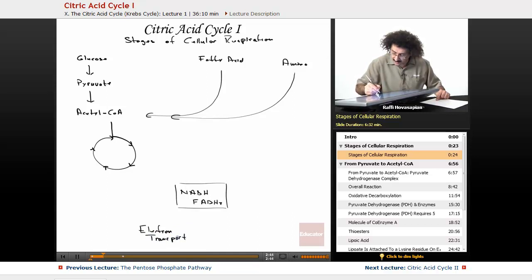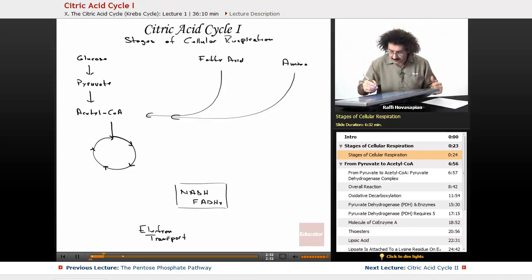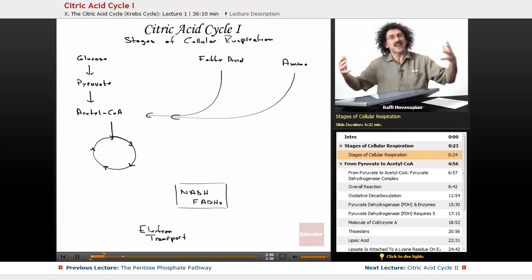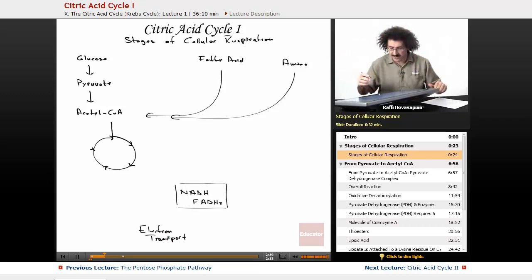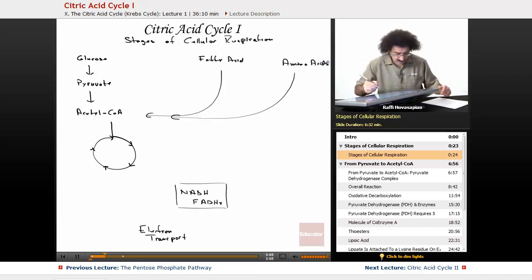The final step in cellular respiration, oxidative phosphorylation, is going to be the final culminating step of this thing called cellular respiration, the ultimate breakdown of the things that we ingest, whether it's fatty acids, amino acids, or carbohydrates. And let me put a little square around that.